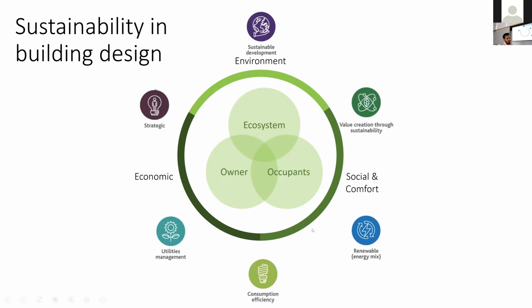Those can be measured through some KPIs or values, for example, energy consumption, efficiency, utilities management, renewable energy, and strategic management. So all of those processes can help in designing a sustainable building at the end.